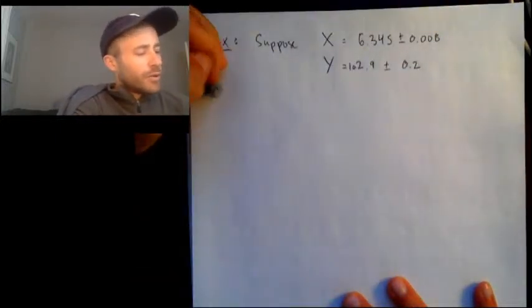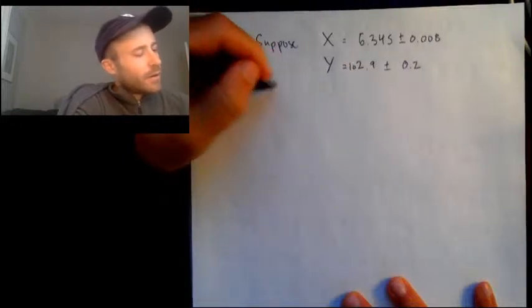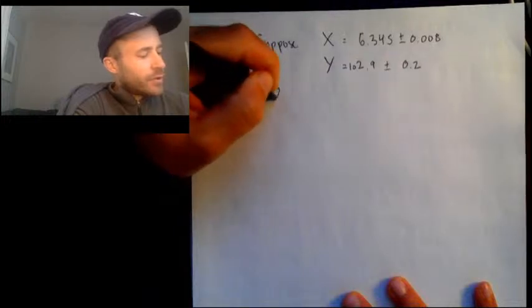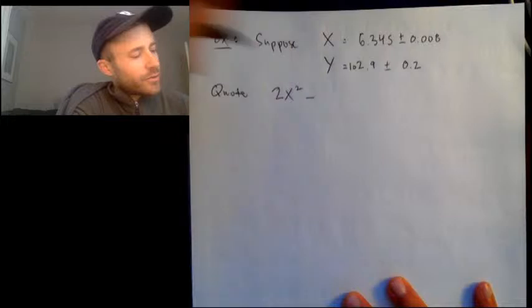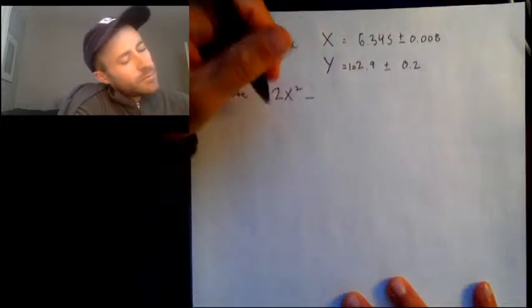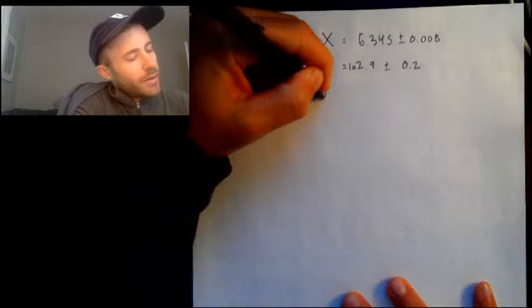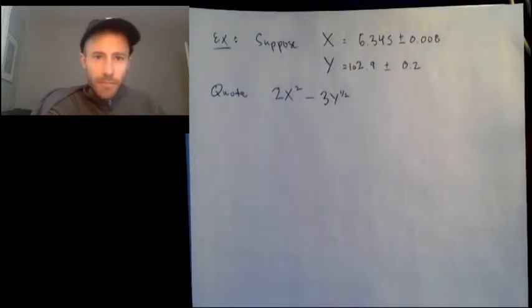And so what we want to do is quote 2x squared minus 3y to the 1/2 power. Okay?